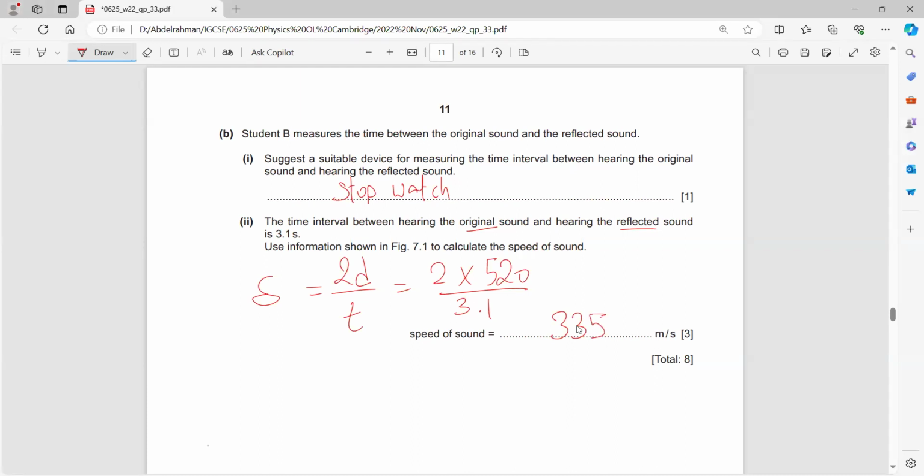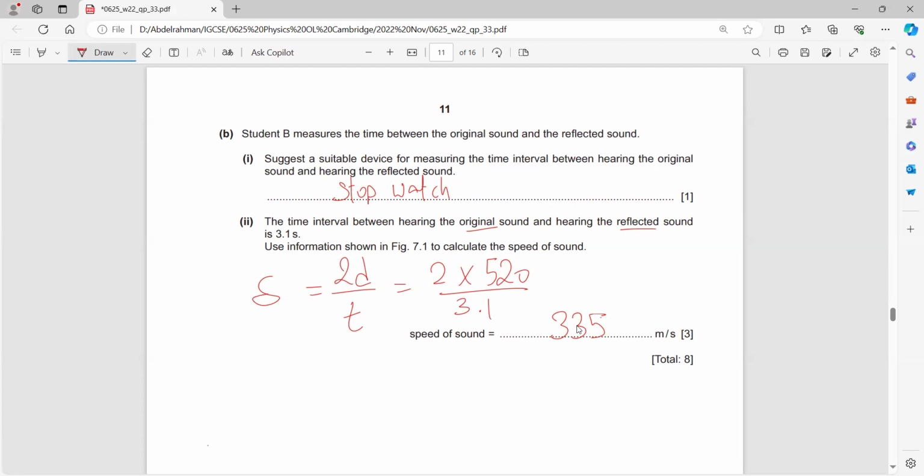Okay. ماشي. This is the speed of sound. Again, if you calculate the speed of sound and you find it to be illogical, يعني if you calculated it and it was, let's say, 125 meters per second, that has to be wrong. Why? Because there's a range for the speed of sound, which is around 330 plus or minus. يعني 320, okay, 310, ماشي, 340, 350, okay.